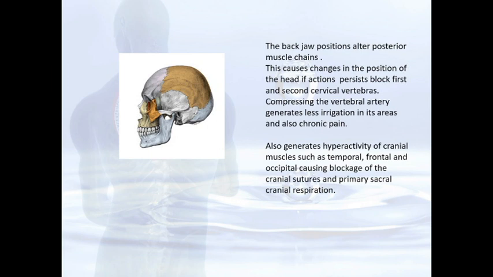When we talk about the retro position of the jaw, when the jaw is going back and losing the vertical dimension, it mainly creates hyperactivity in the posterior muscle chain.